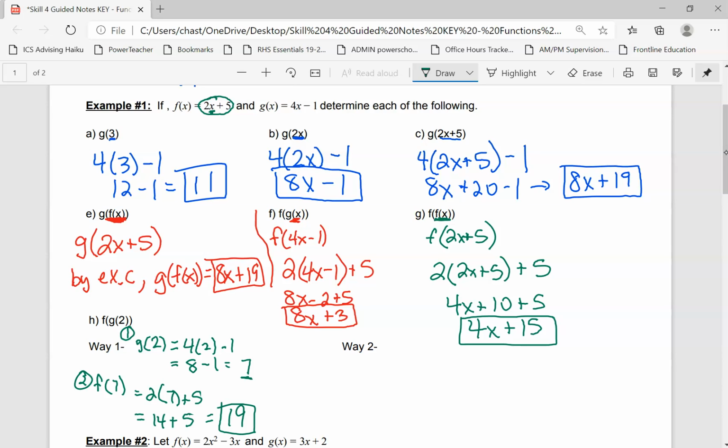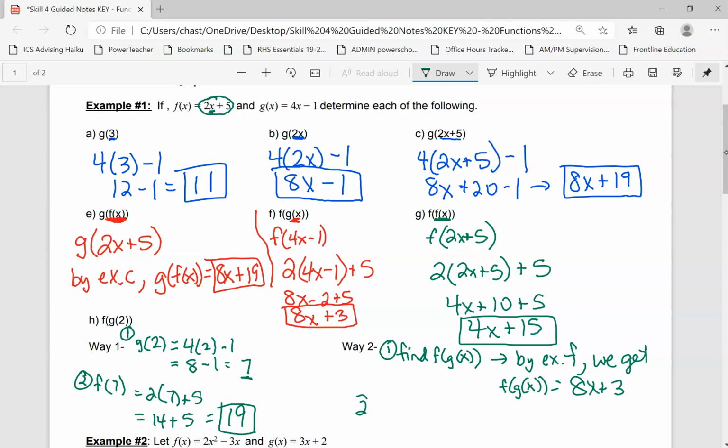But we could have first figured out what f of g of x is. We know that because we did that in letter f. By example f, f of g of x equals 8x plus 3.